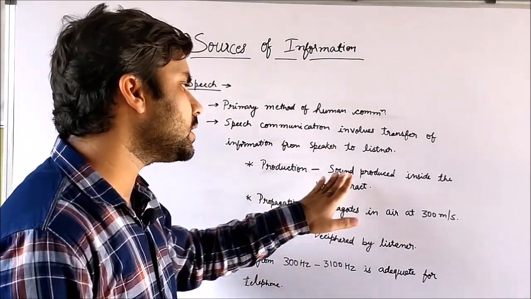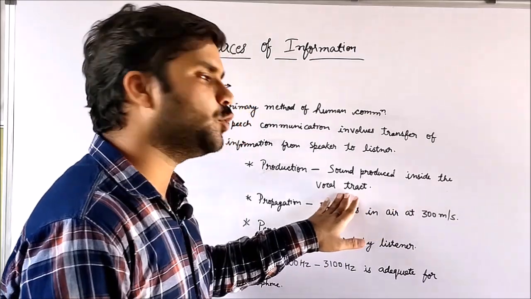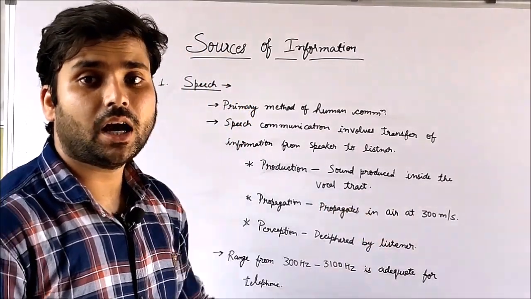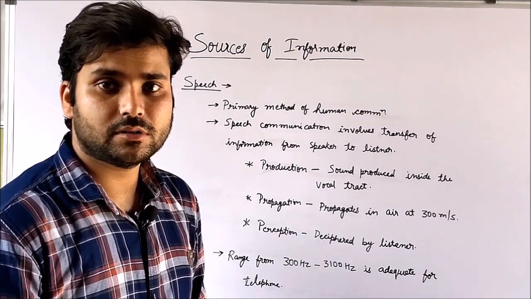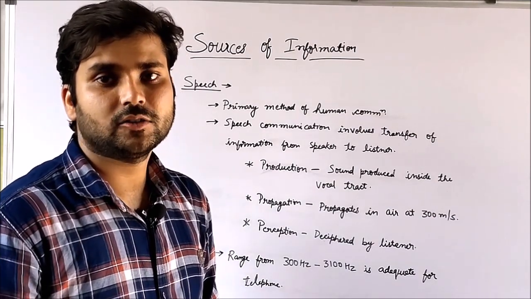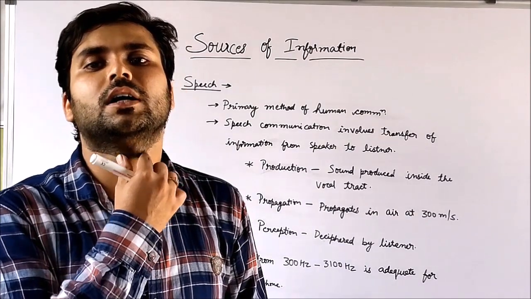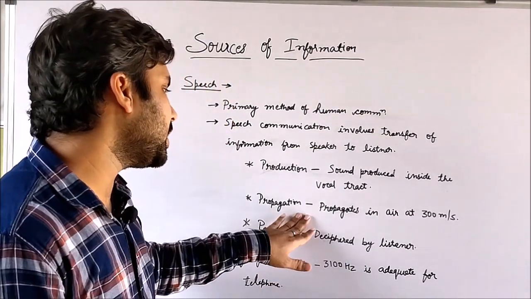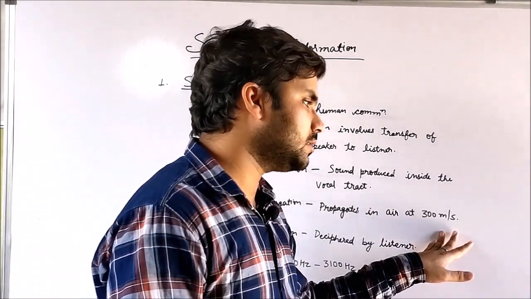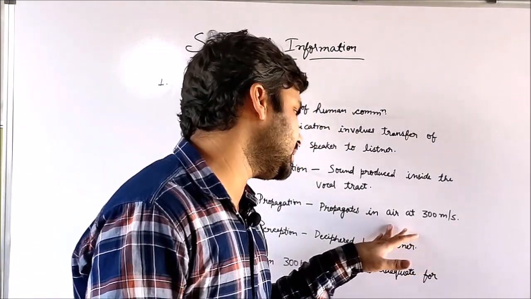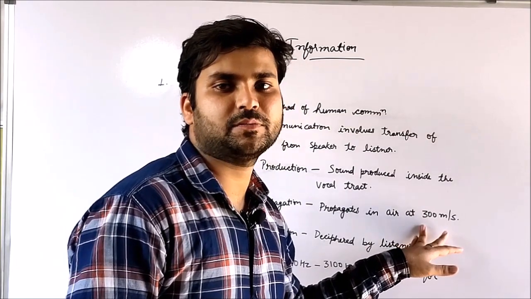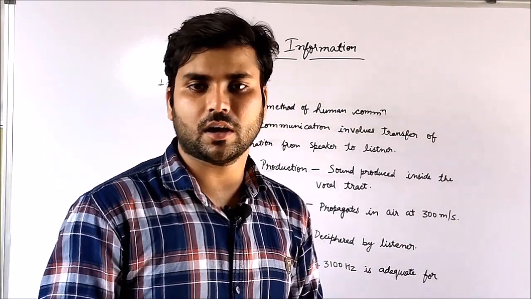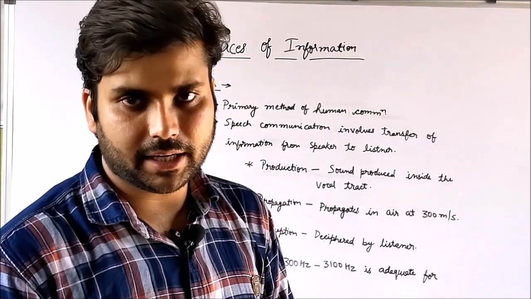The production of the sound inside the vocal tract. How do humans produce sound or speech? Through their vocal cords, vocal tract in their neck. Next, propagation of the speech signal in air at a speed of 300 meters per second. It is the speed of sound in air.